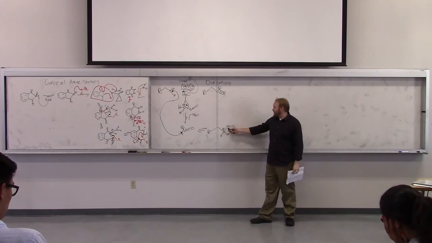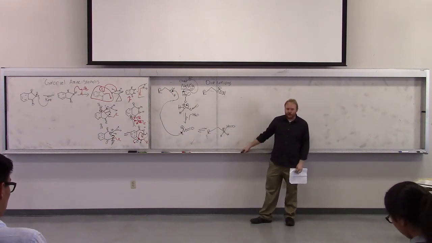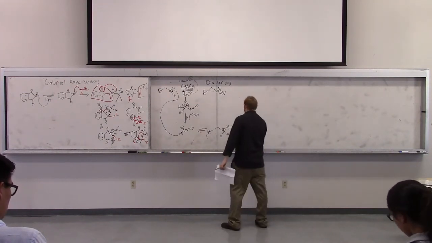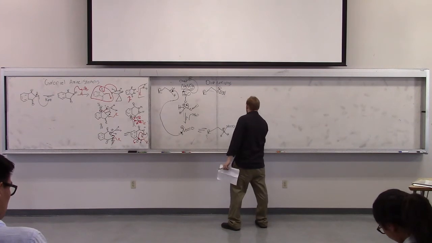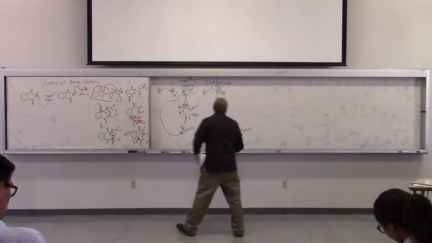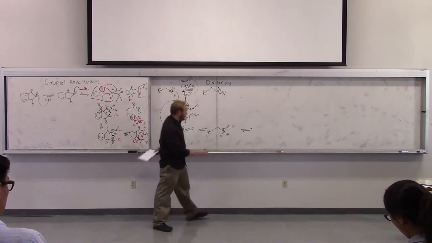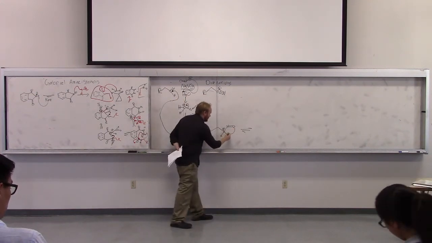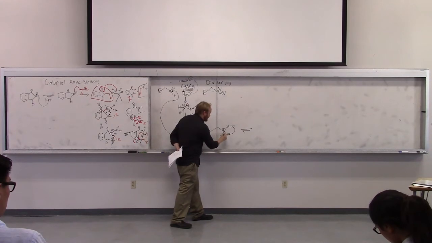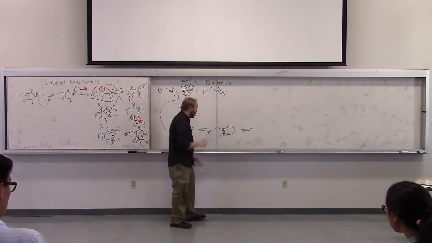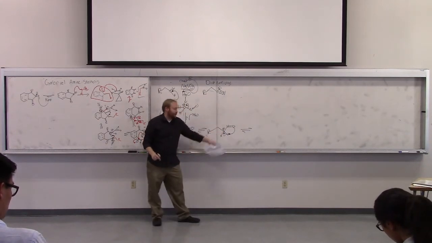It will give us a species like this where now this nitrogen has a positive charge. Then we'll have something that's almost reminiscent of a tautomerization. I'll draw it stepwise. This will grab this proton from the amine.